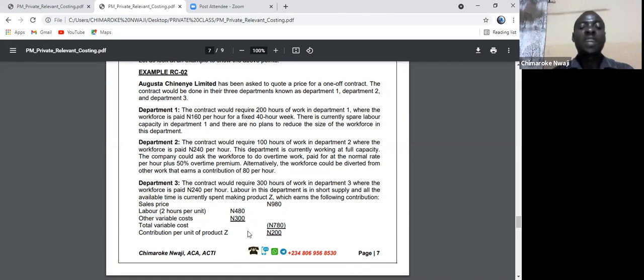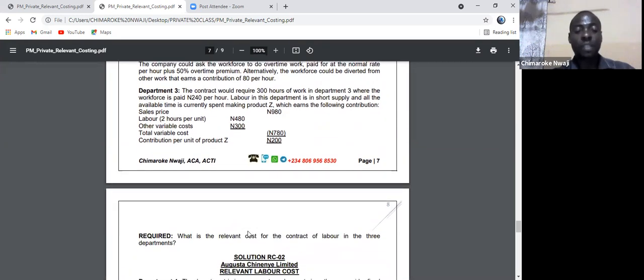Then we have other variable costs. Those other variable costs could be material costs and other production variable costs, which is 300 naira per unit. When we add them together, our total variable cost becomes 780. And when we remove 780 from 980, our contribution per unit of Z is 200 naira per unit. Required.